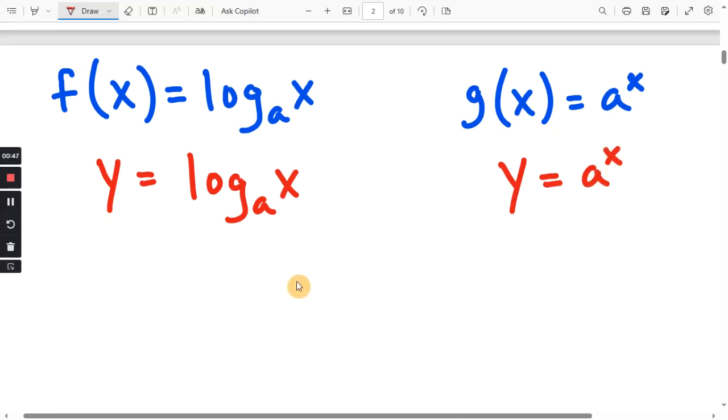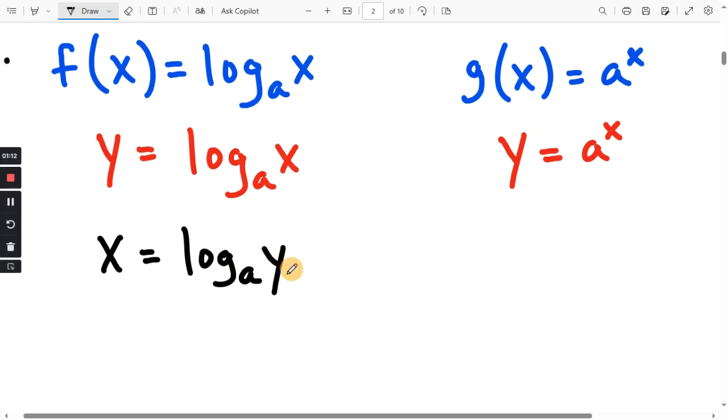If we take the inverse of this function, what that means is we swap the x and the y and then solve for y. So y becomes x, and that's going to be log base a, and instead of x, it's going to be a y.